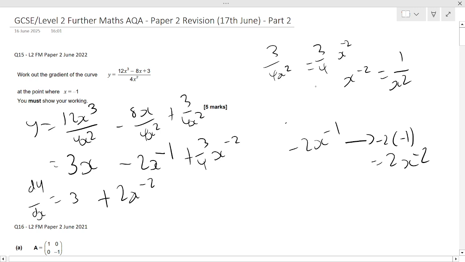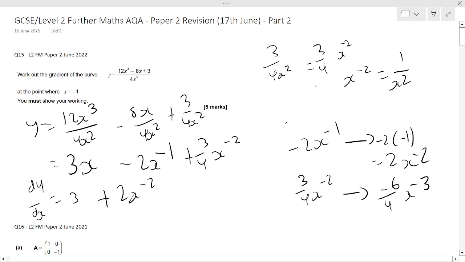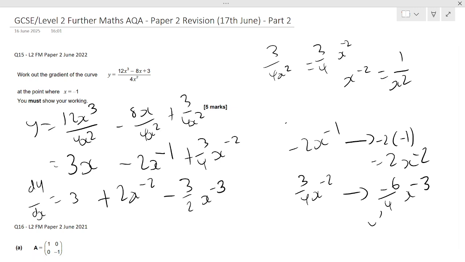In the same way, with 3 over 4 x to the minus 2, you multiply minus 2 by 3 over 4, which is minus 6 over 4, and then minus 2 knock 1 off is minus 3. But 6 over 4 is 3 over 2, so that goes to minus 3 over 2 x to the minus 3. And that's your derivative.